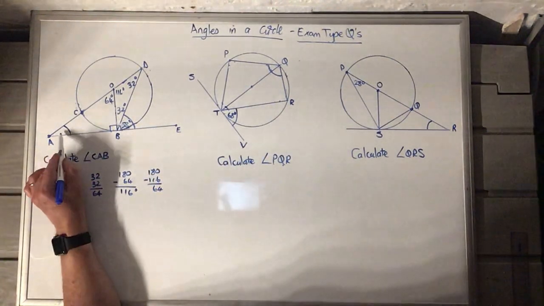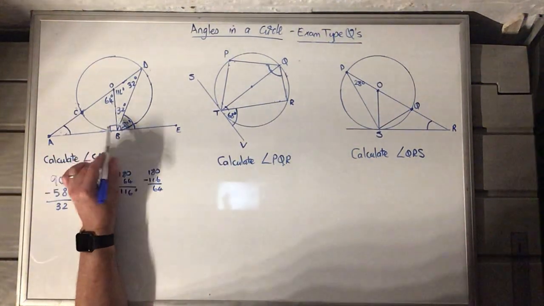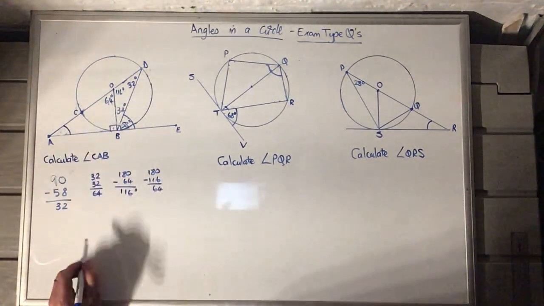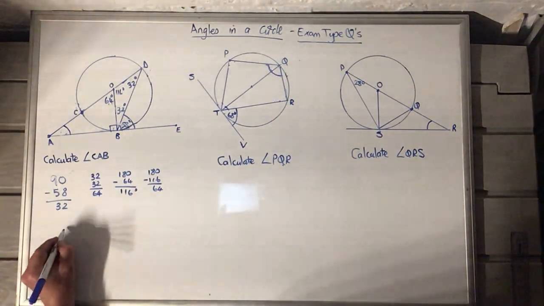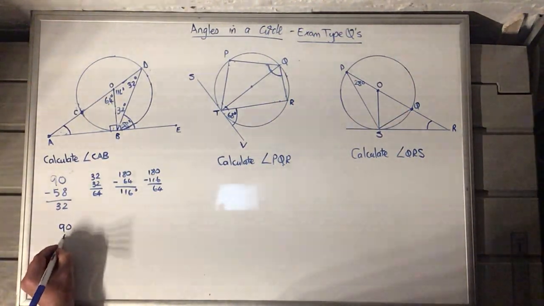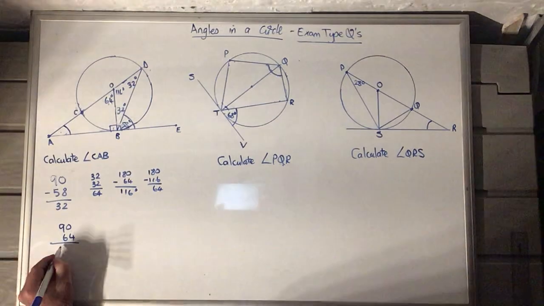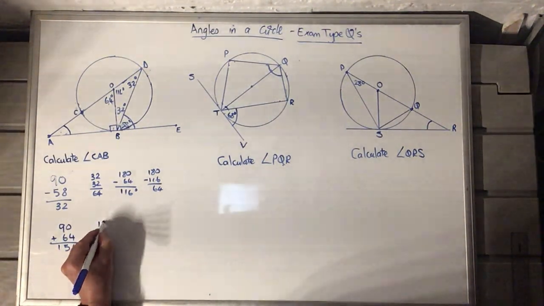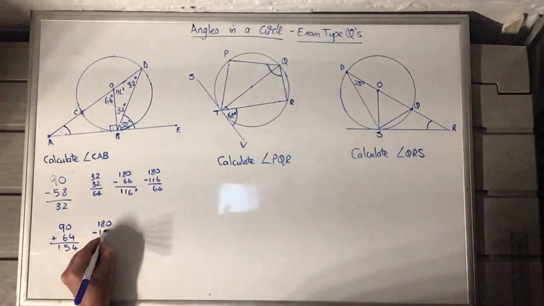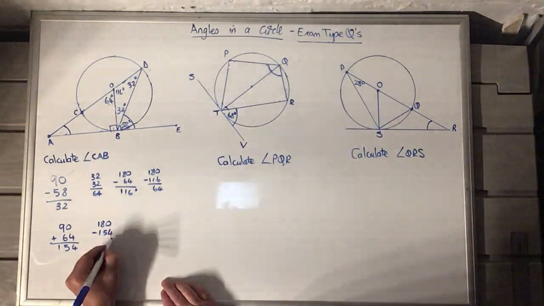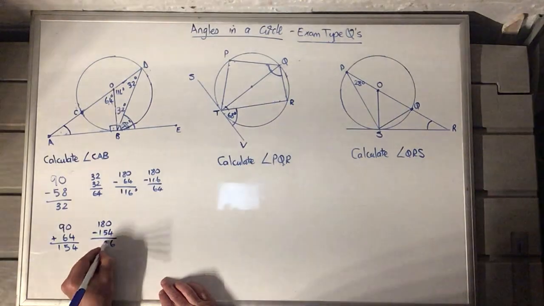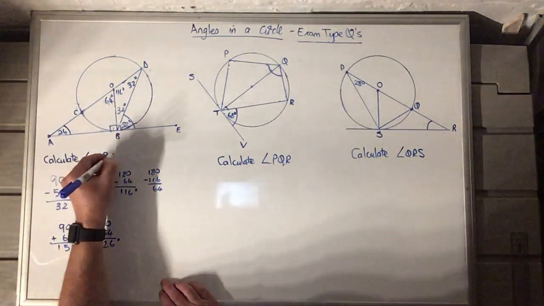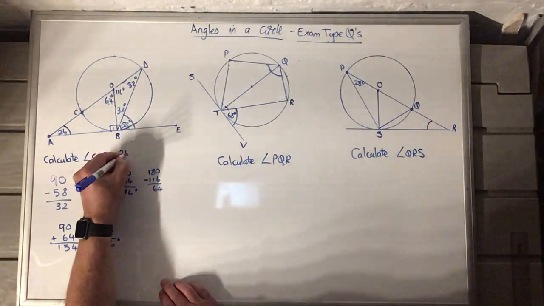So this is the angle that we're trying to find. 90, 64, add them together and take away from 180 gives me the angle we're looking for. So 90 plus 64 is 154. Take that away from 180, so 180 minus 154 gives me 26. So that angle is 26 degrees.